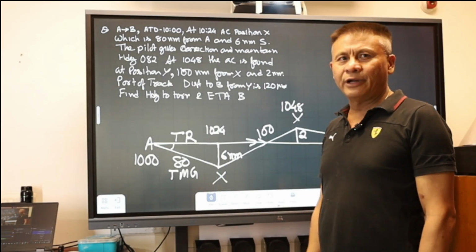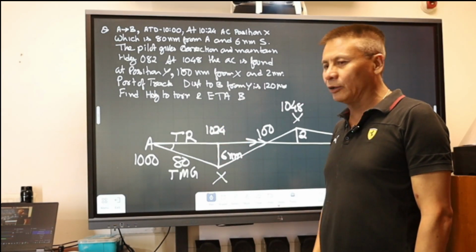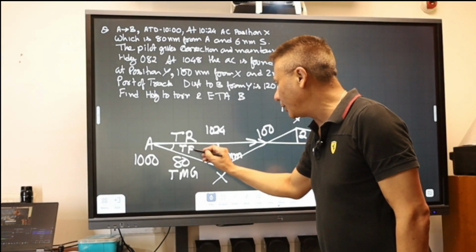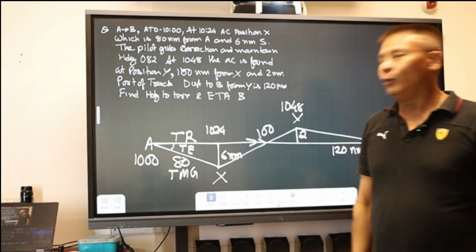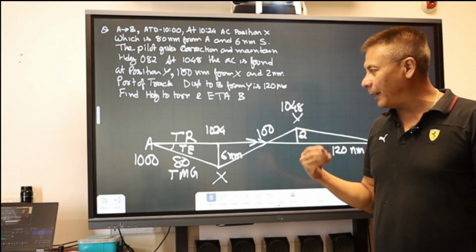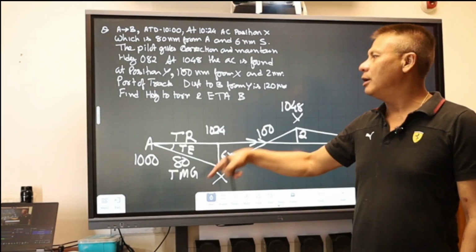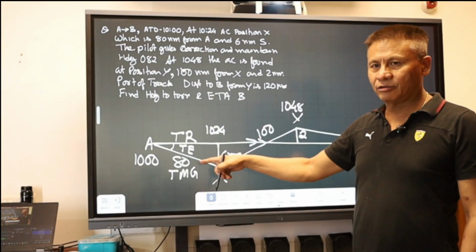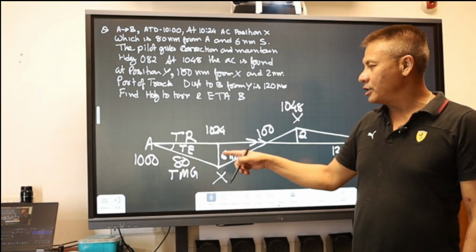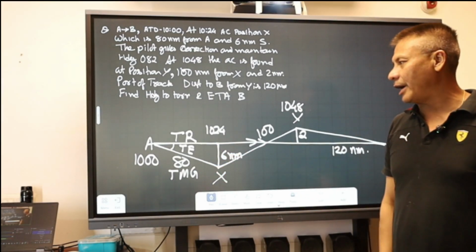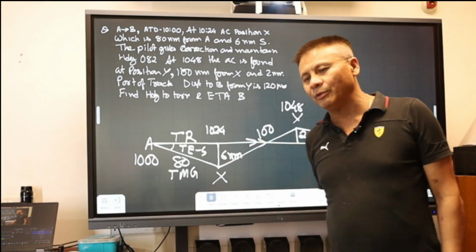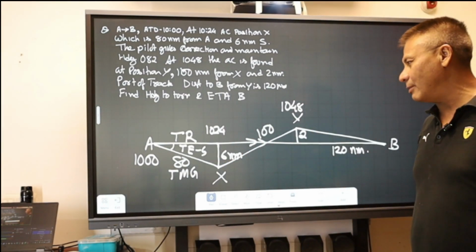The angular difference between the track required and the track made good is known as the track error, which will be annotated port or starboard depending upon the track made good lies port or starboard of the track. Here in this example, the track made good is onto the starboard of the track, so therefore the track error is going to be starboard.